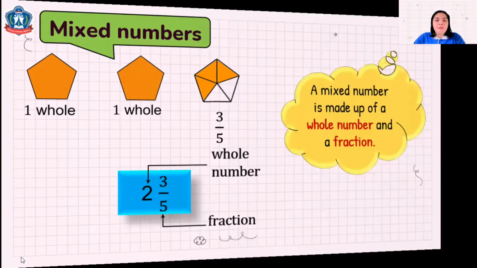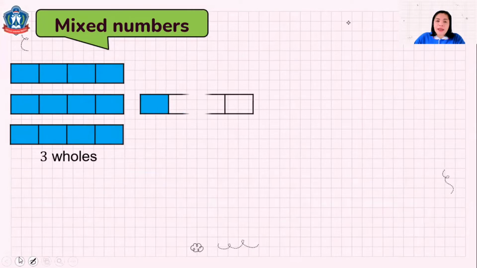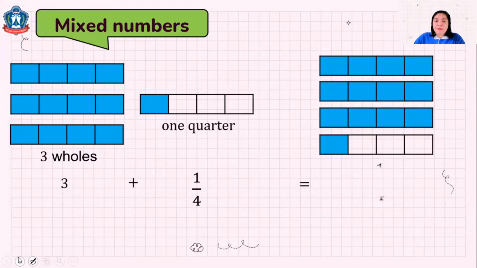Another example, look at the pictures. I have here 3 wholes. Each whole is divided into 4 equal parts. And I have a fraction, and this is only 1/4. If we add them all together, this is 3 and 1/4. So 3 and 1/4 is a mixed number.